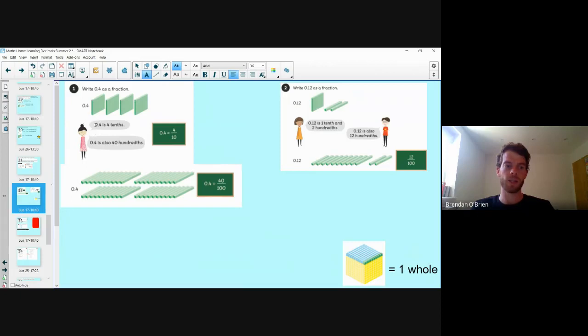So pink dress here has written that 0.4 is 4/10. I'm going to write this again just to keep it in my mind, because I find that helpful. 0.4 equals 4/10. I've written it. I can also write that as my fraction, 4/10.